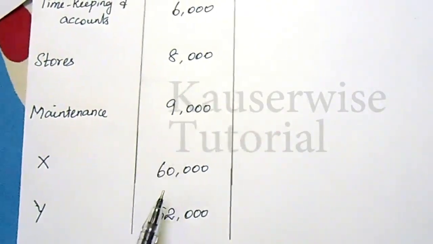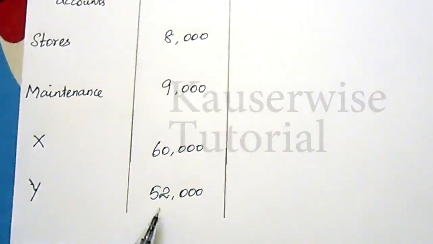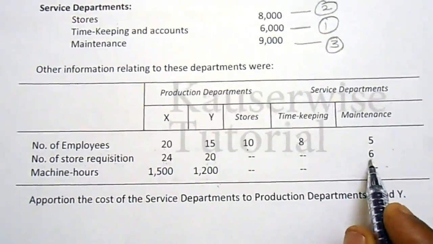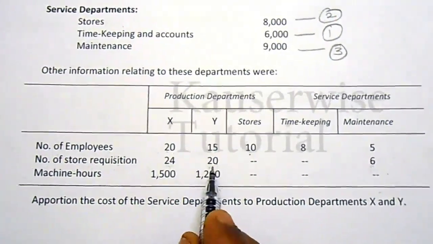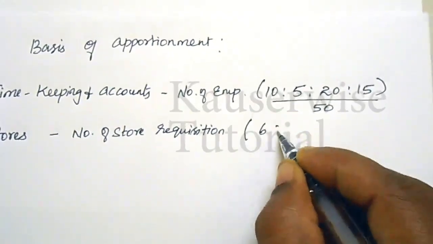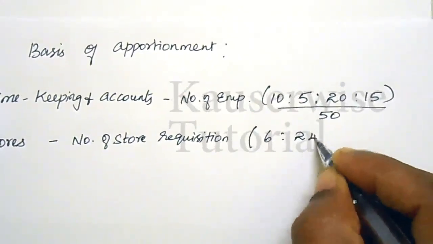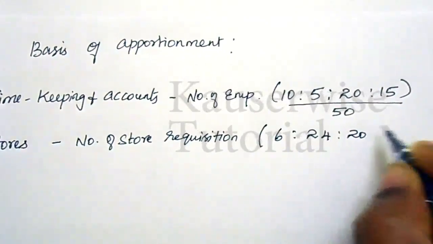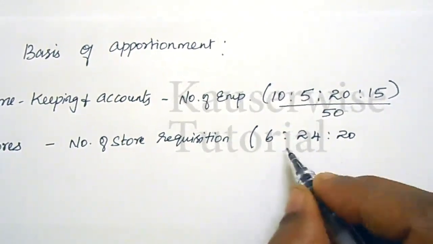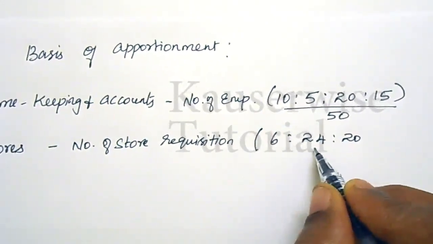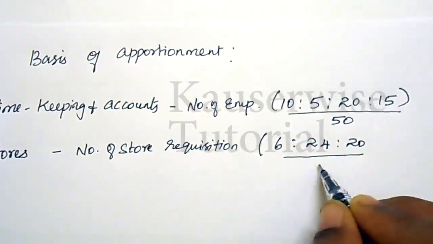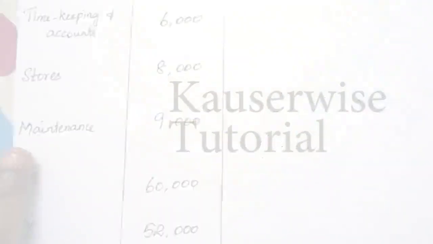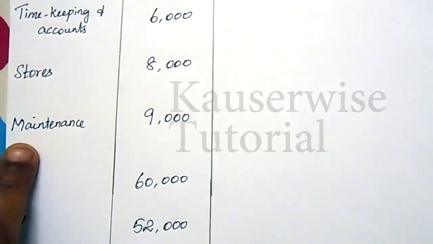The maintenance department, X department and Y department. For maintenance 6, for X 24, for Y 20. The ratio is 6 is to 24 is to 20, divided by 50. 6 plus 24 plus 20 is 50, divided by 50. According to the sequence, the third one is maintenance.